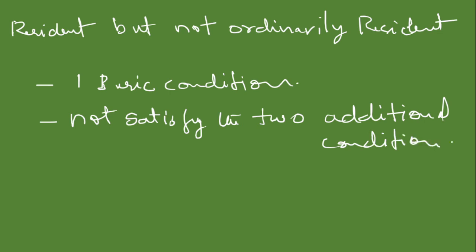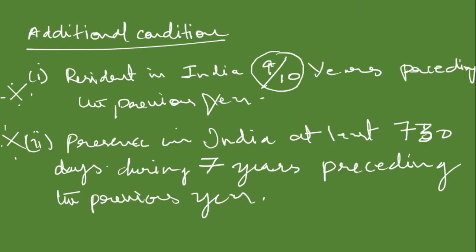So that is called resident, but not ordinarily resident. Ordinarily resident is like he has to travel. His presence shall not be fully applicable, I mean, he is present all days for the previous 10 years, or he has more than 730 days.